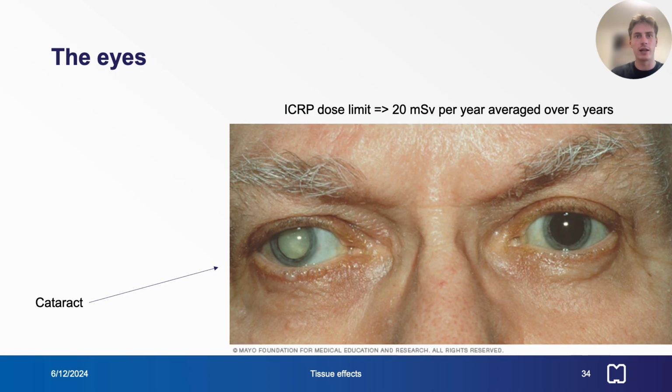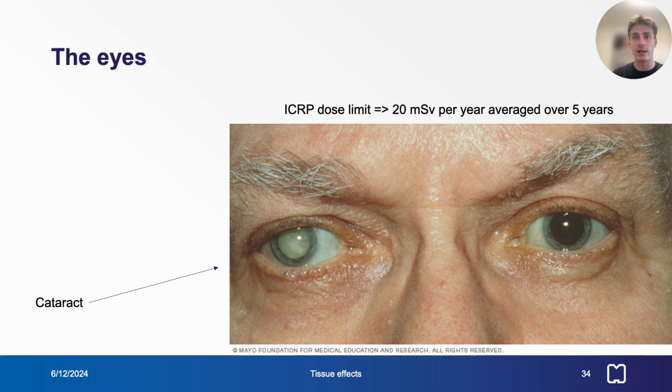The lens of the eye contains a population of radiosensitive cells that can be damaged or destroyed by radiation. But since there's no removal system for these damaged cells, they can accumulate to the point where they cause vision-impairing cataracts, as you can see in the image. These cataracts are caused by abnormal differentiation of the damaged epithelial cells that begin as small opacities in the anterior subcapsular region and migrate posteriorly.